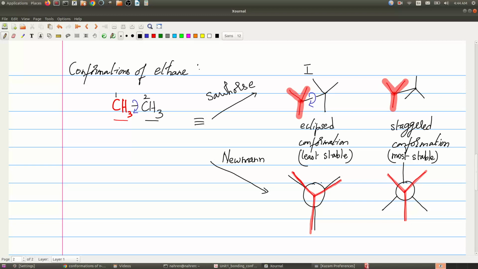Here we are looking from this side, with the red carbon being the nearest to the eye. Now let's look at the different conformations of ethane and the free energy profile of the same.